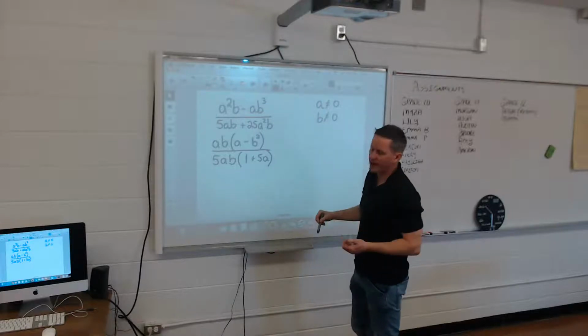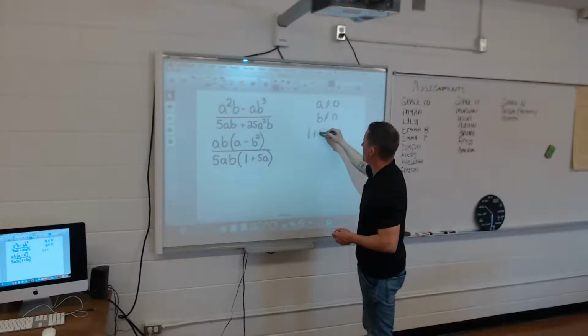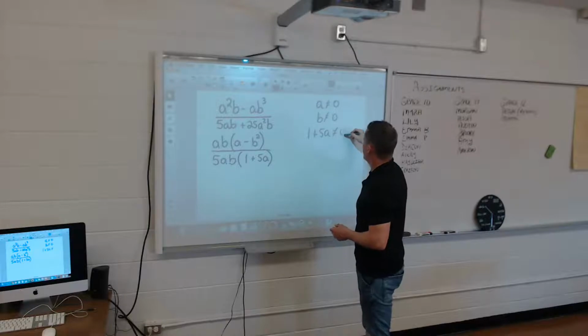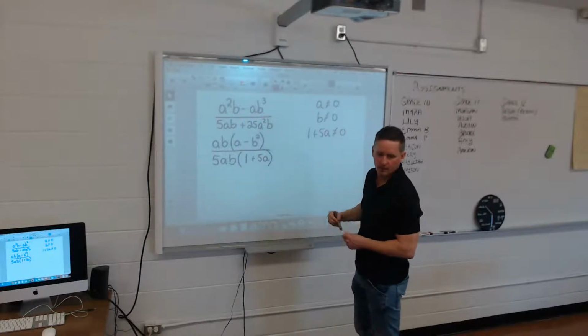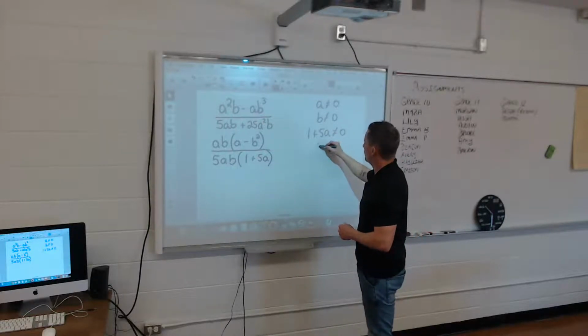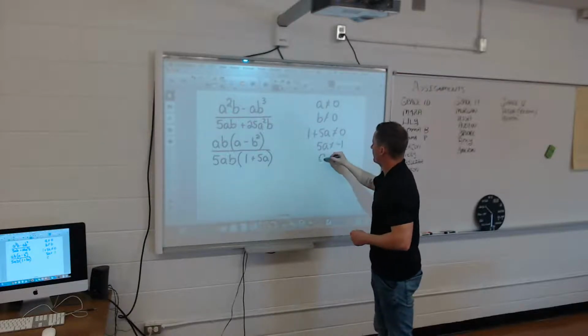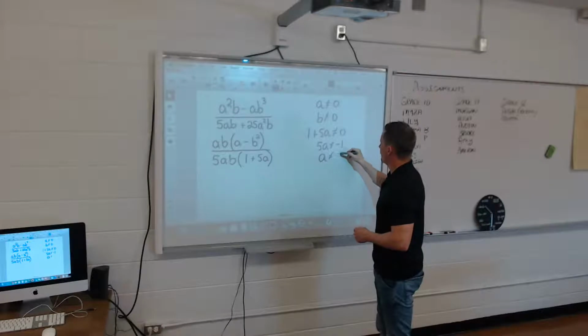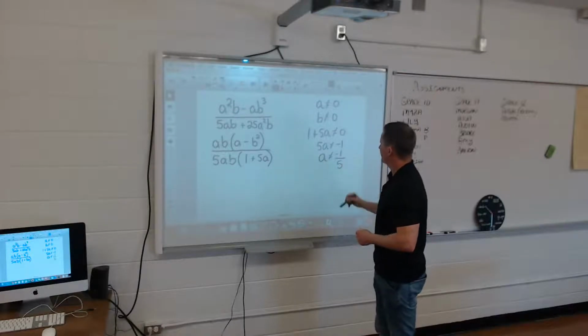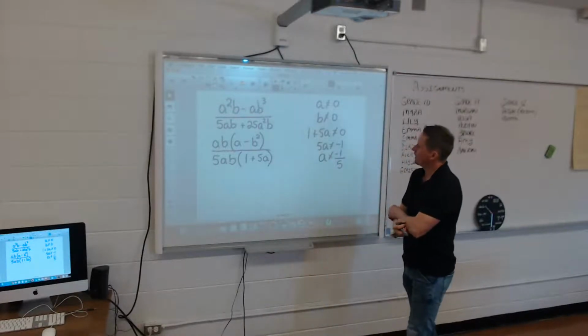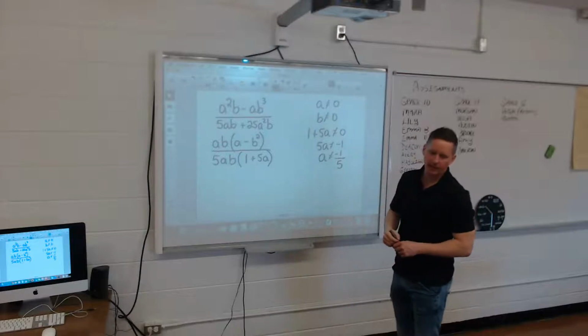And then here's the catch. I have 1 plus 5A can equal 0. So 5A can equal -1. A can equal -1 over 5. So A also can equal -1 over 5.